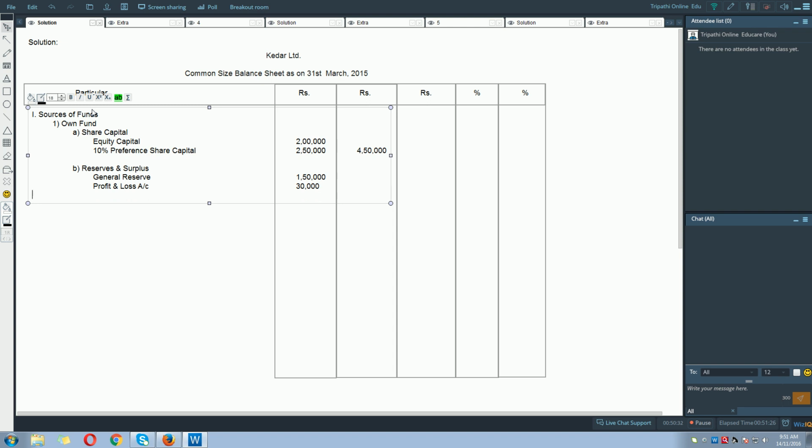So the total of this, total share capital, is 4,50,000.